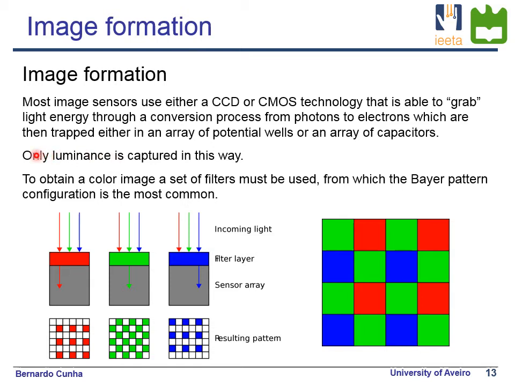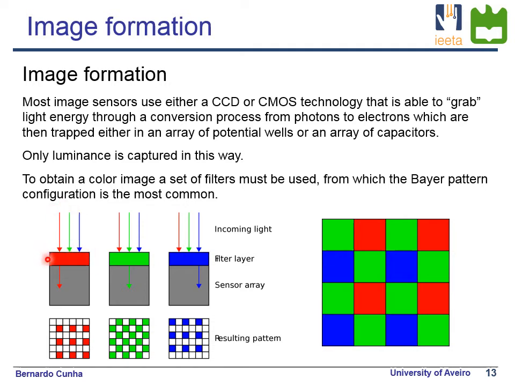And the way we do this is by placing color filters in front of the pixels. And this represents one of the pixels, that is one point of the sensor. In this case, we are assuming that we have light with components in different areas of the spectrum, so blue, red, blue, green, and red information.